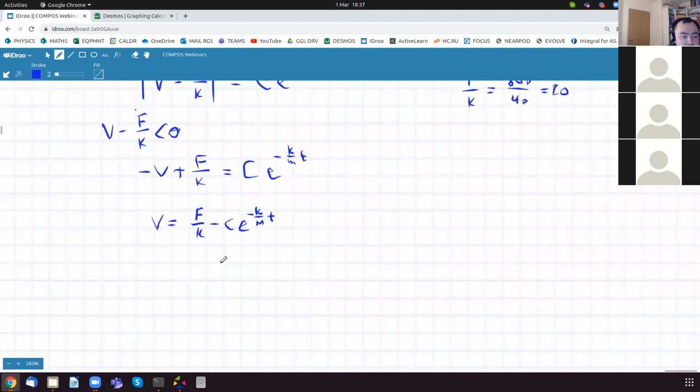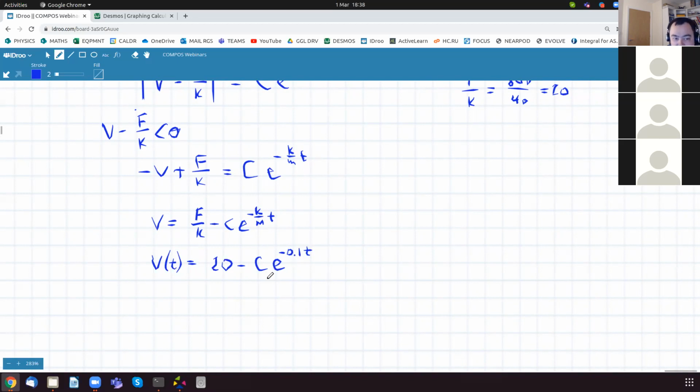All right. Okay, so now we can plug in the values. So v of t, this is the function, is f over k, that's 20, minus c multiplied by e to the power k over m, so it's minus 0.1 t.